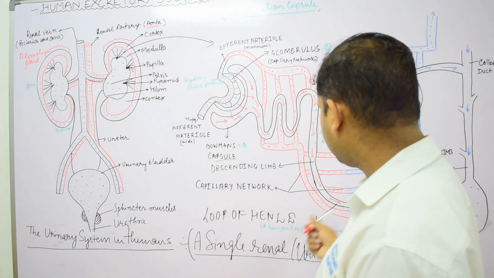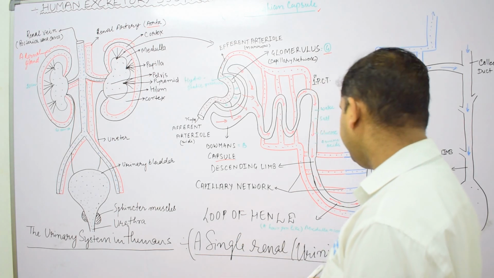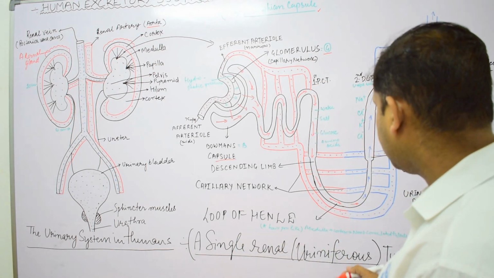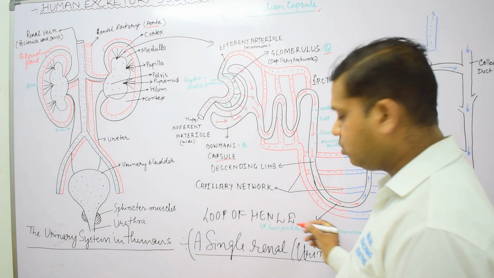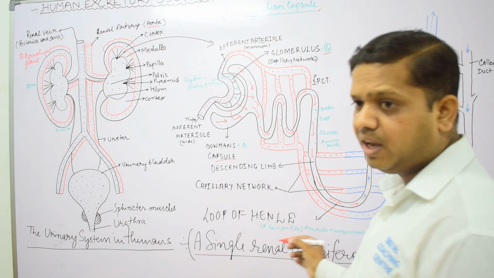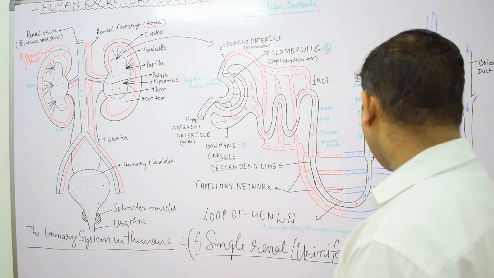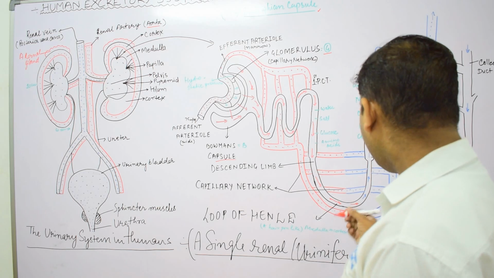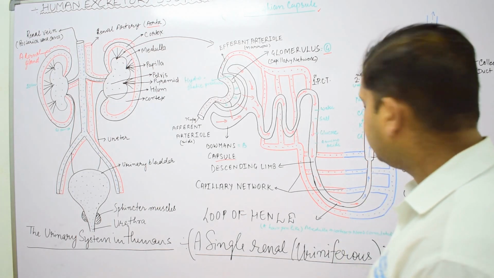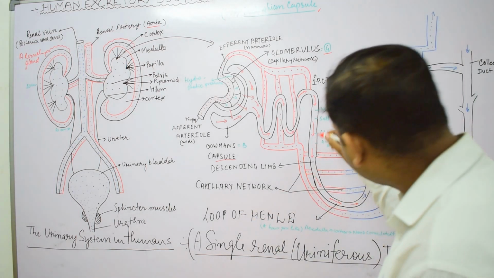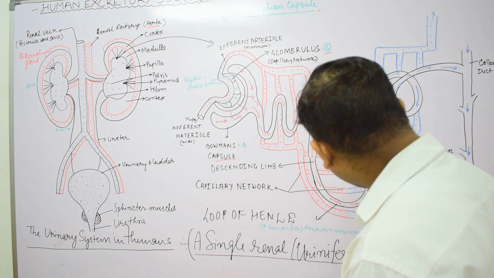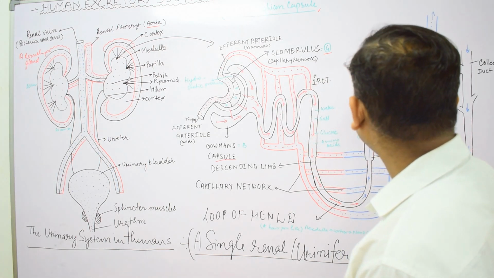This is a fine structure which goes into the medulla, and from the medulla it moves to the cortex region, and again moves to the convoluted tubule. This U-shaped loop of Henle moves to the second convoluted tubule.